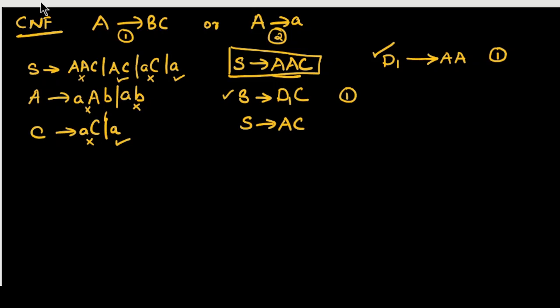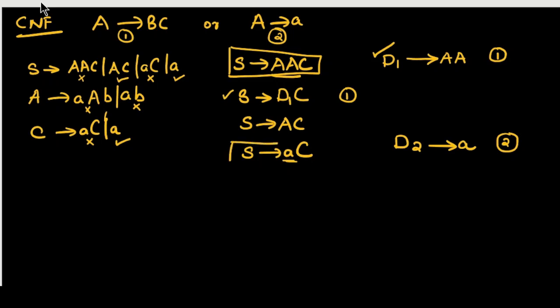Okay. Then the next one is S gives AC. So there is a terminal over here. So what we do is we have to replace that terminal with a variable. Okay, so we write a new production like this. D2 gives A. So this is in format 2. Okay, on the right hand side we have a single terminal.